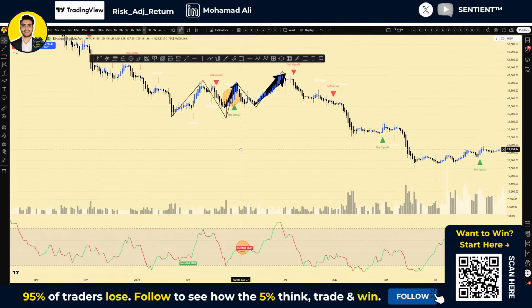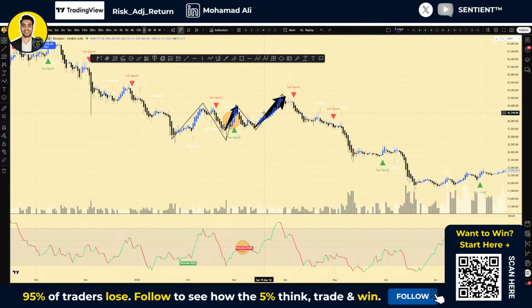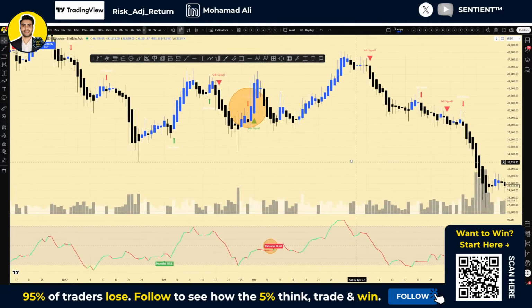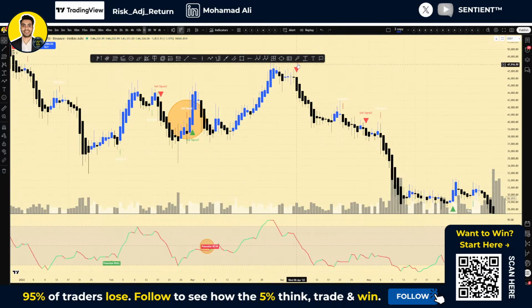That being said, let's check it out again. So we have over here a potential sell, let's see how much lagged was the sell. So exactly over here, it was a pretty lagged sell. So it was pretty conflicting.